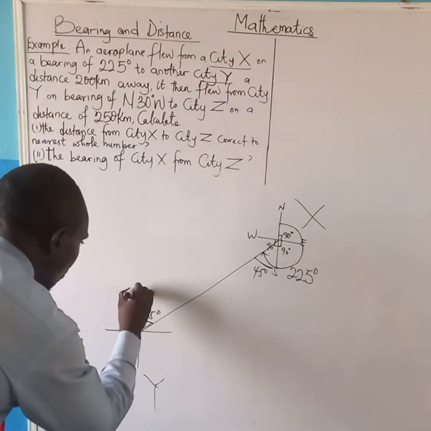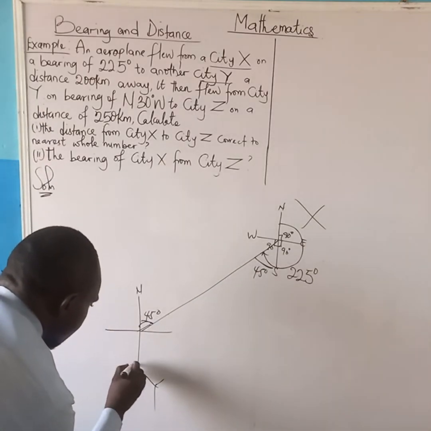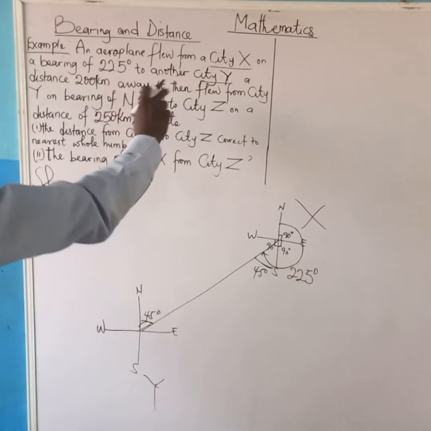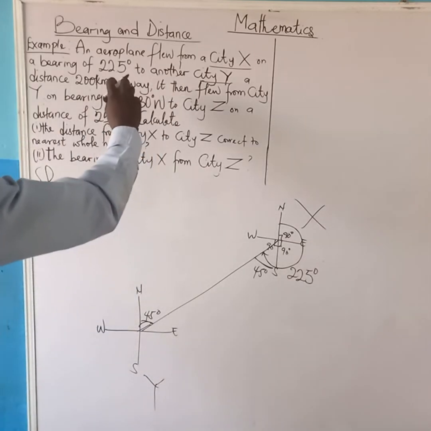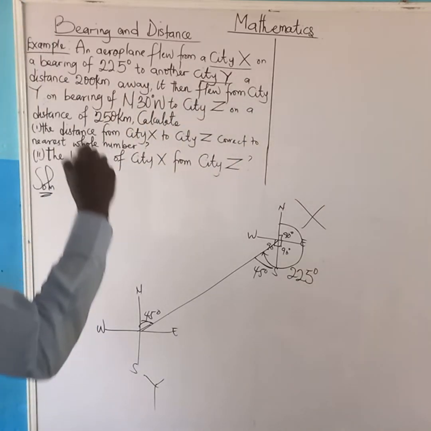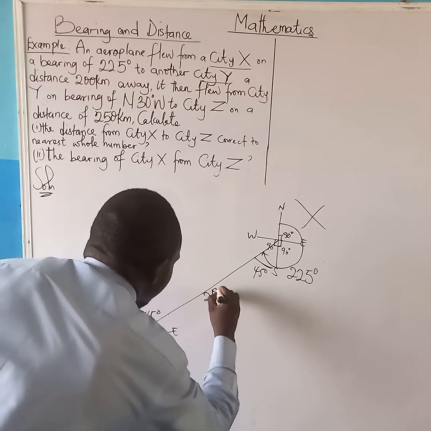Now, knowing this is our north, south, east, and west, we proceed with the question. It said to another city Y, a distance of 200 kilometers away. This place is 200 kilometers.